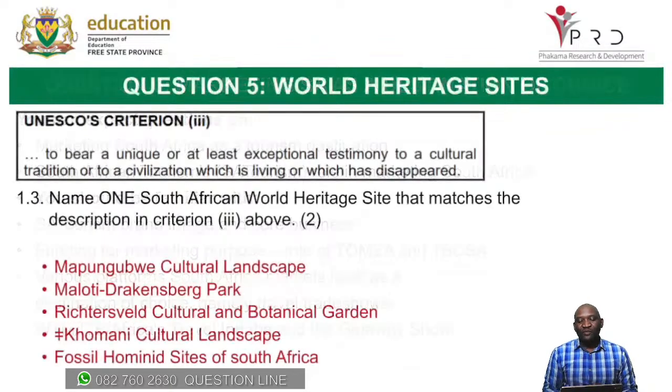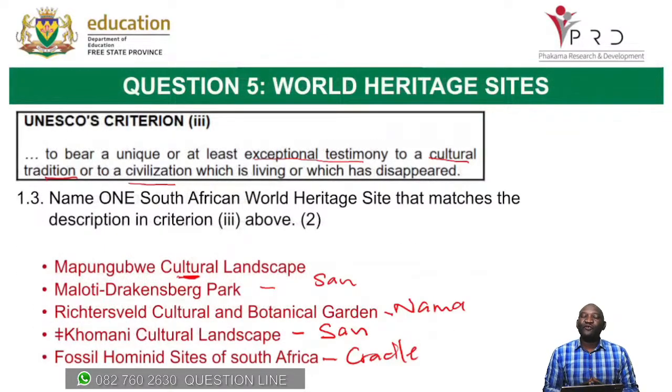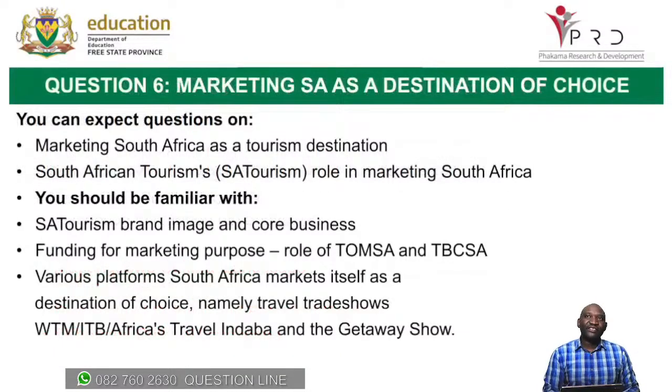But before we move to this particular question, I think we've covered enough to remind ourselves about question 5, which is World Heritage sites. So you see that you don't need to actually claim a lot of stuff. But once you can structure your studies like this, you can be able to remember in the exam which particular site falls where, and then the rest of the things are just actually going to fall into place. Right, let's go to question number 6 now.